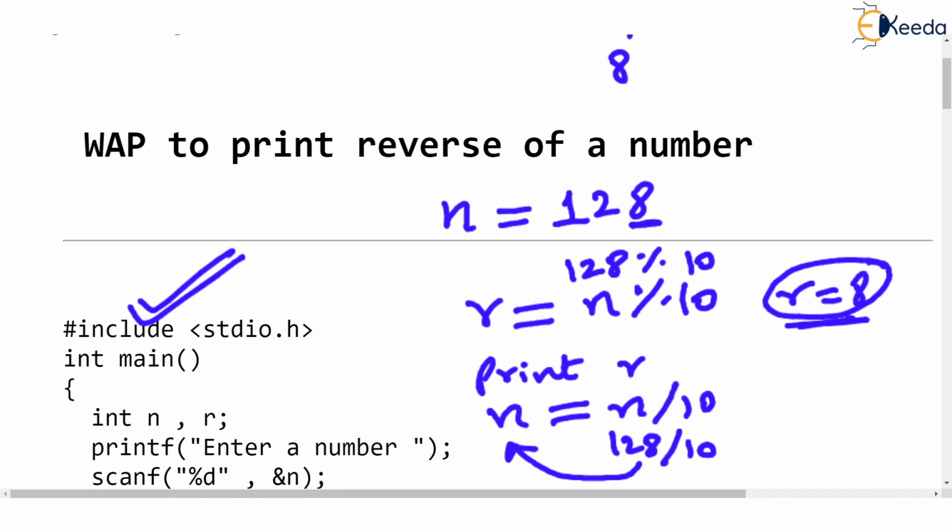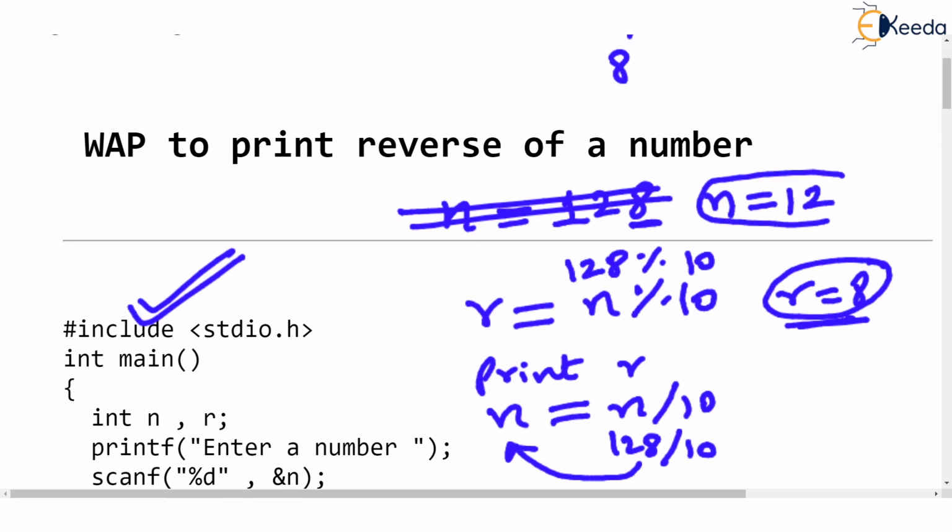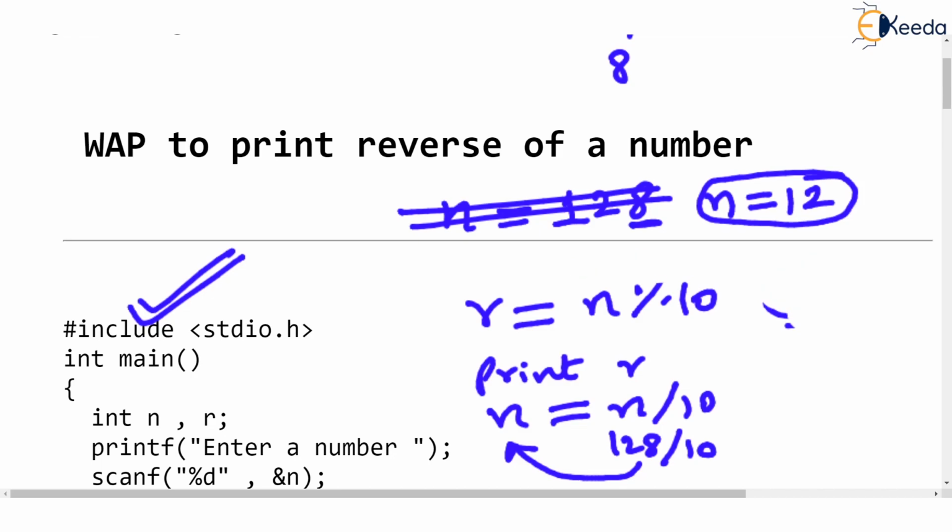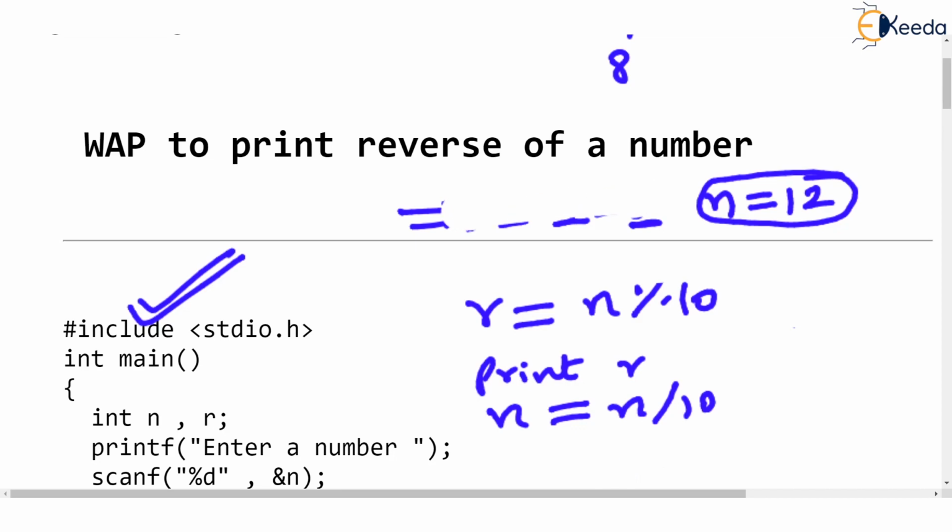So n, which was 128, has now changed. N has become 12. Observe this. Okay. So the new value of n is 12. It was 128, but due to n is equal to n by 10, n has become 12.